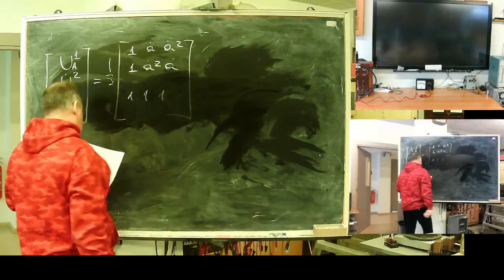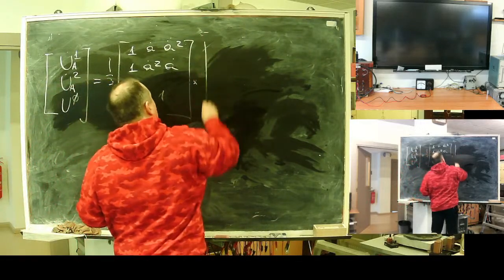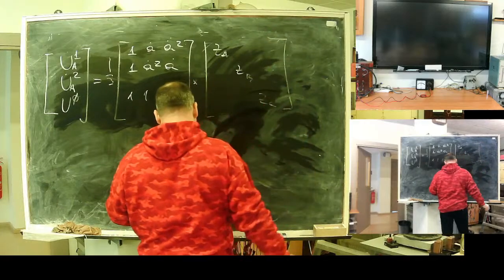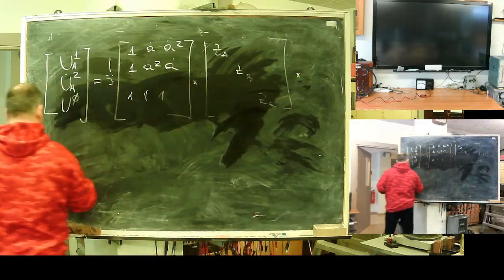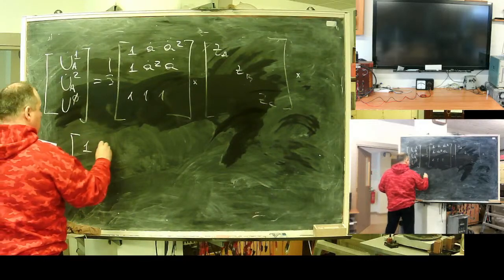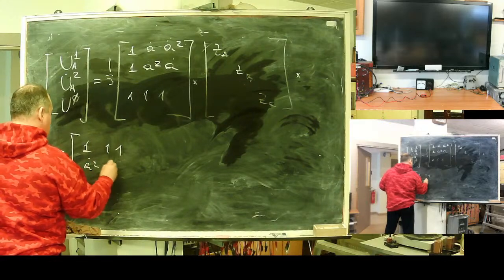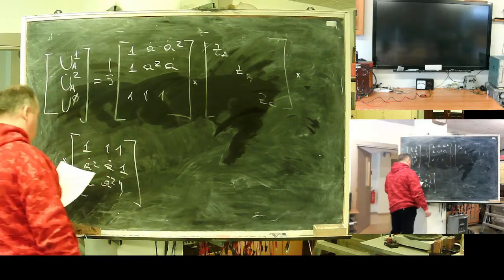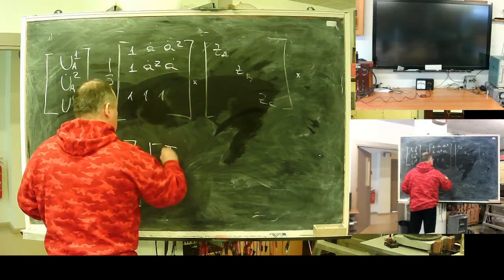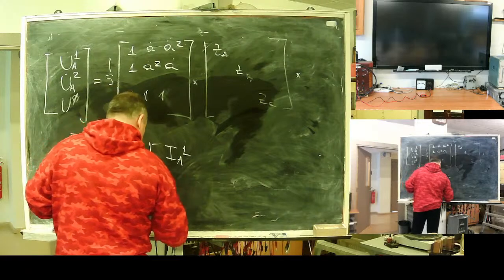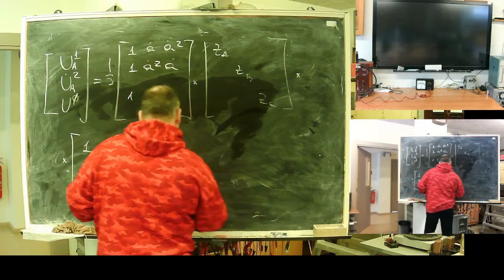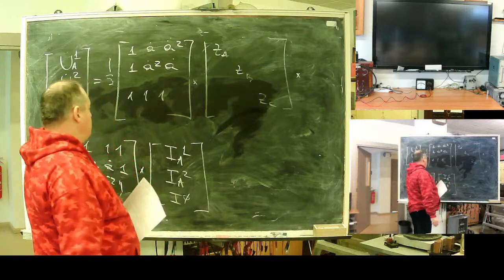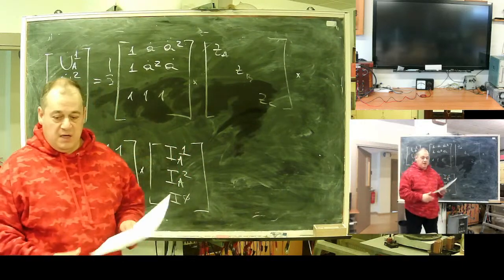This is the transform matrix of Fortescue, multiplied by ZA, ZB, ZC, multiplied by 1, 1, 1; A square, A, 1; A, A square, 1, multiplied by the A phase current direct sequence, negative sequence, and zero sequence current. Here it is.